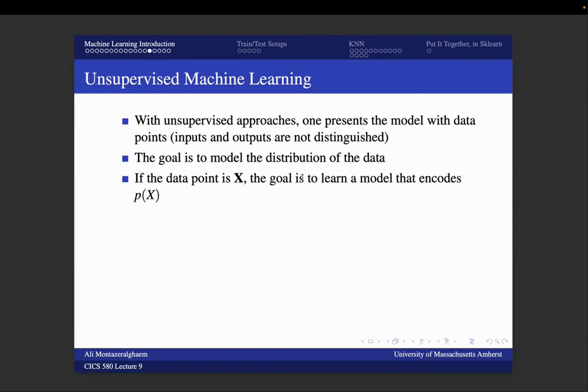The goal of the model is learning the distribution of the data, which means that if you are getting X as an input, we need to predict the probability of X, which means that we want to know whether this X is common or not. So for example, if the probability of X is 0.9, this means that this X is common in the data.